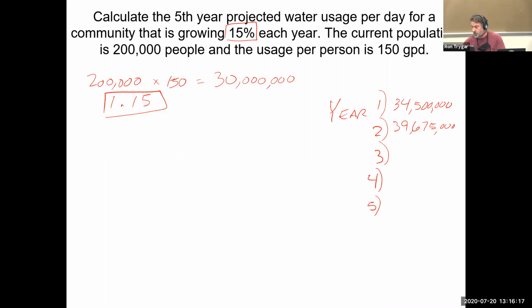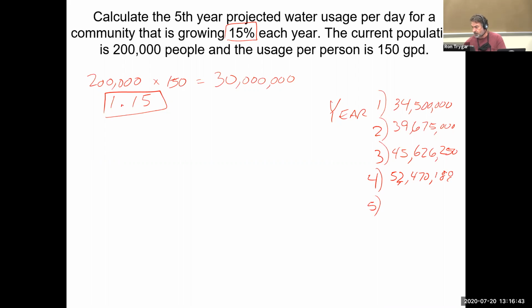39,675,000 gallons per day, times 1.15 is 45,626,250 gallons per day, times 1.15, and I get 52,170,188.